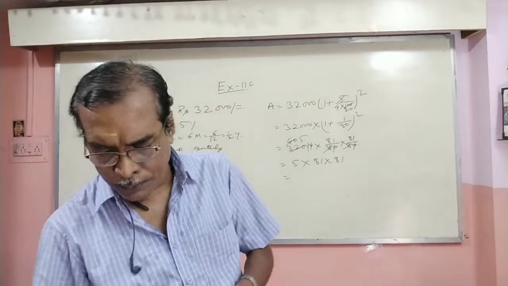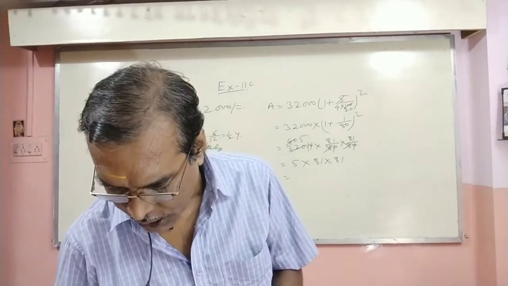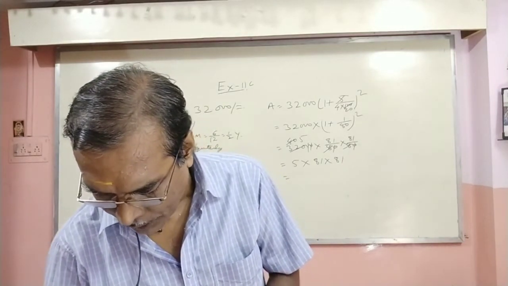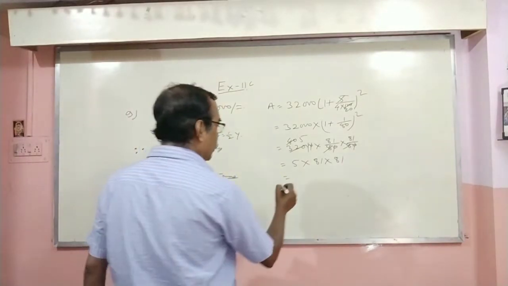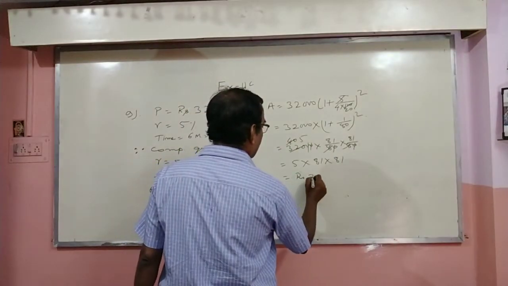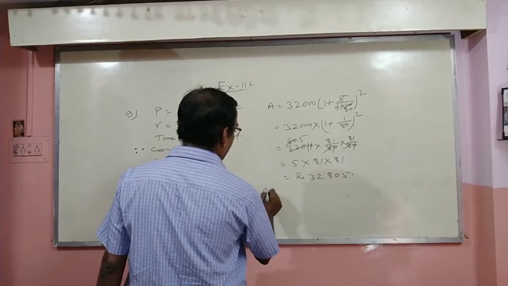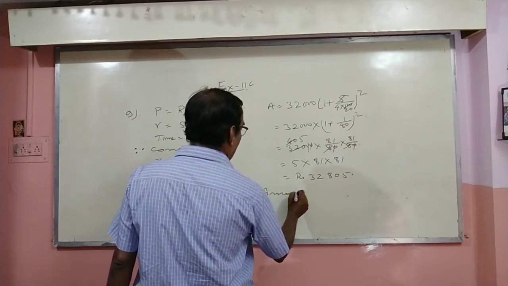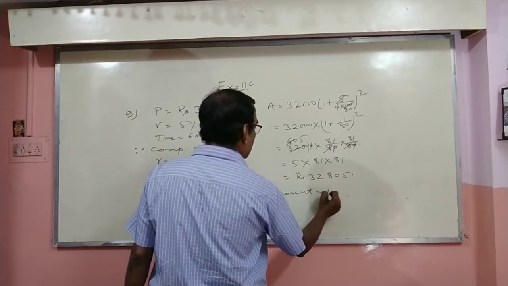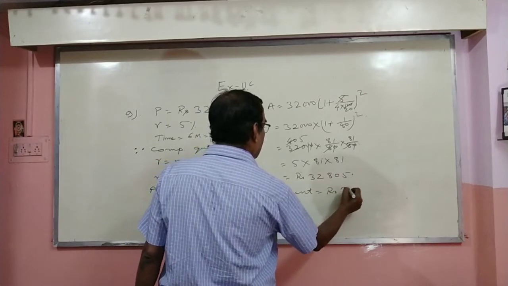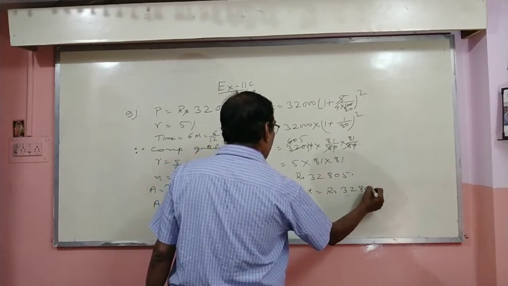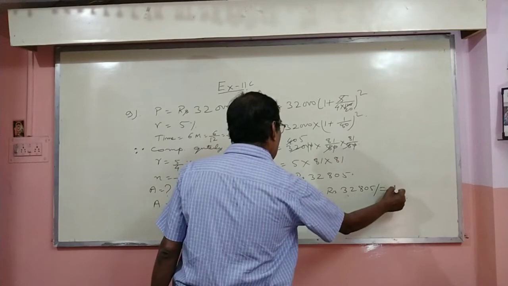But here I have already done the calculations and the answer is coming as 32,805 rupees. Therefore finally the answer is amount is equal to rupees 32,805, and that will be your answer.